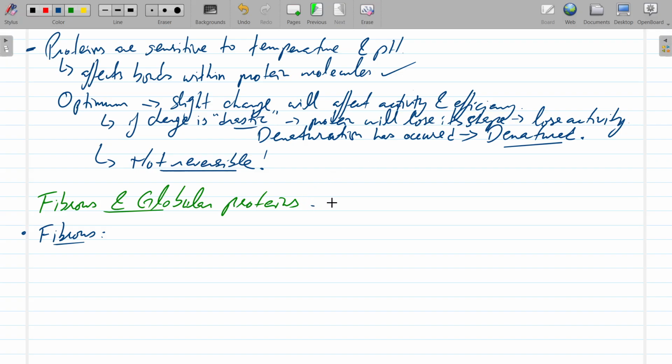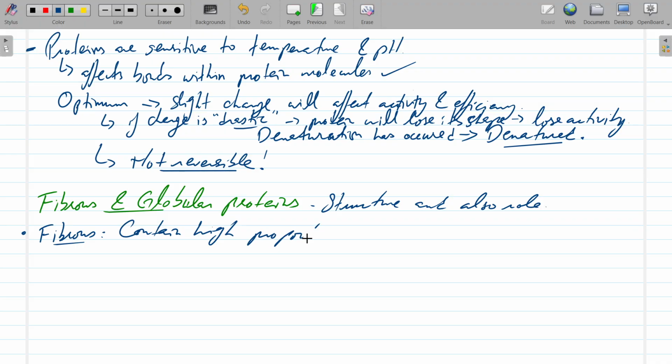So this talks about the structure and also their role. So as you know, fibrous proteins, a lot of them have beta pleated sheets, and they contain a high percentage or proportion of hydrophobic amino acids, or hydrophobic R groups to be more specific.